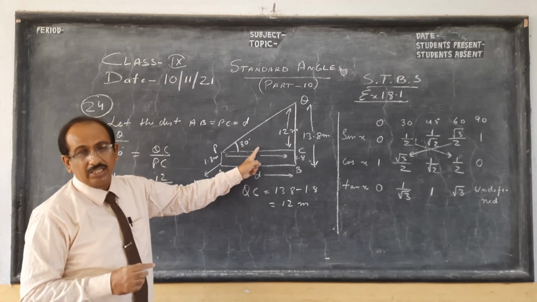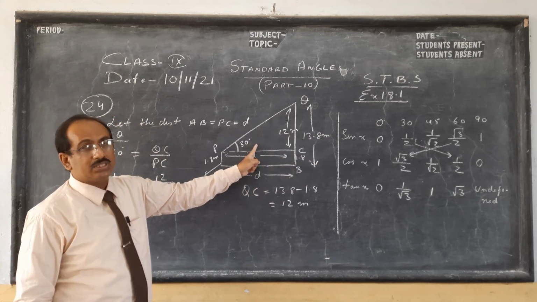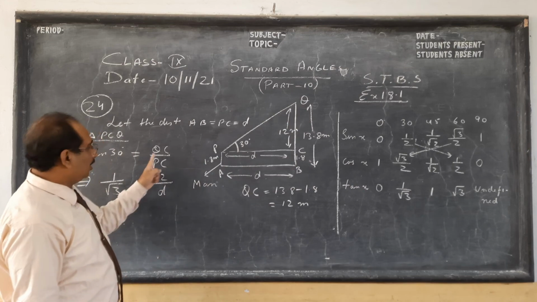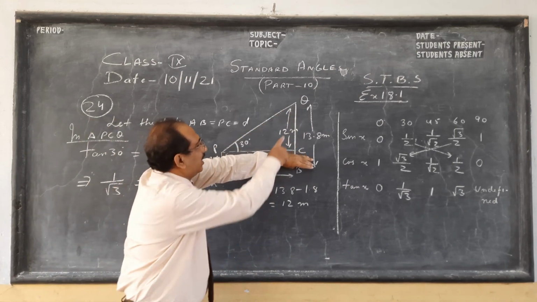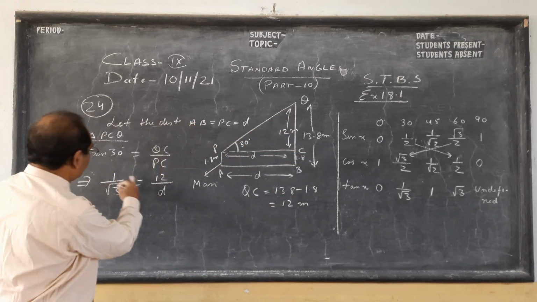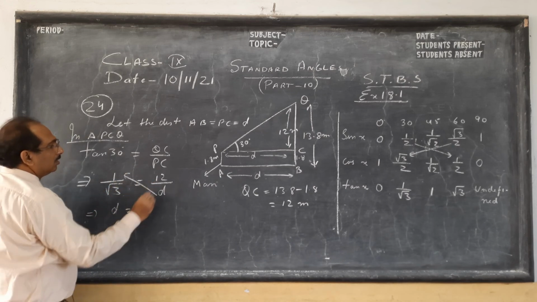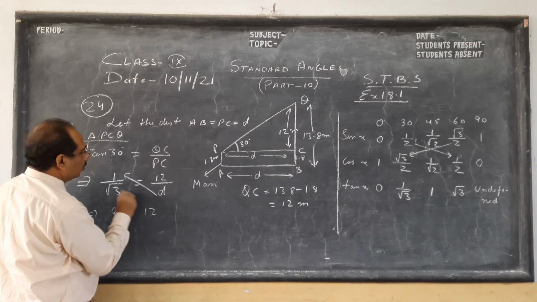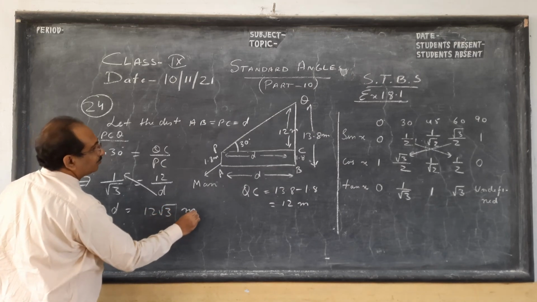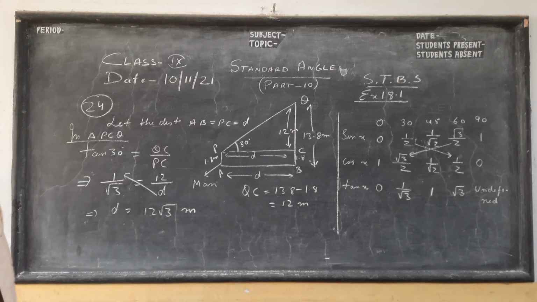For 30 degree more you can see class 10 coordinate geometry. QC is 12, so this triangle gives 12 by D, and we solve for D. D goes up, D is 12 root 3 meter. Since the units are in meter, D is 12 root 3 meter.